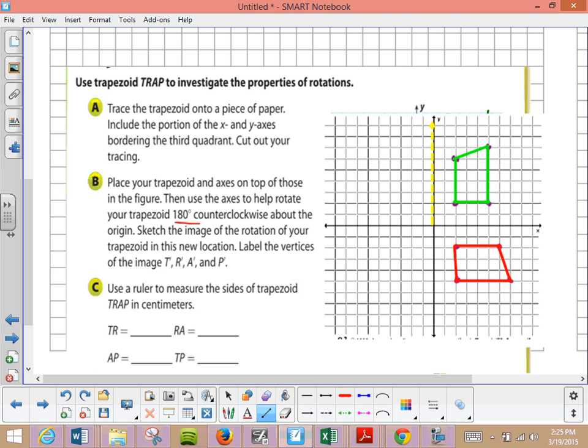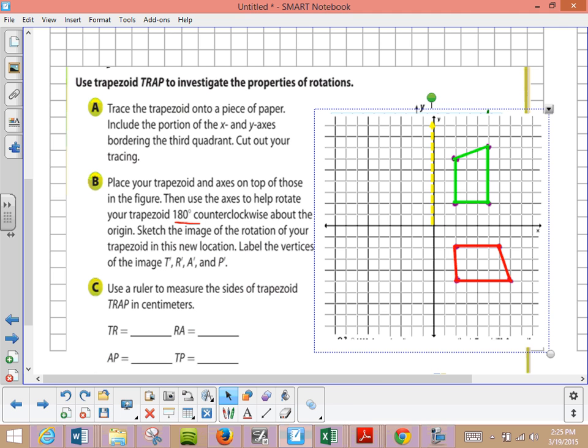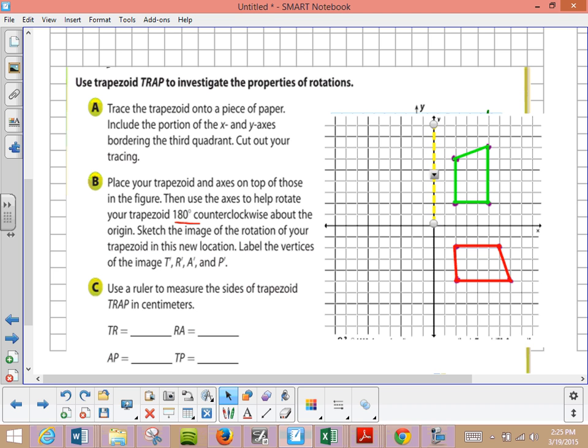So what if I'm over here, guys? What if I want to translate that one? What were the points? What was this point? R. So this is R prime. And this A. So this is A prime. And this is what? T. So this is T prime.